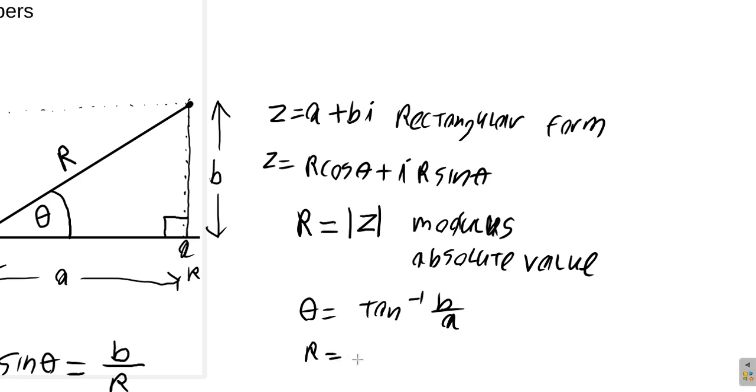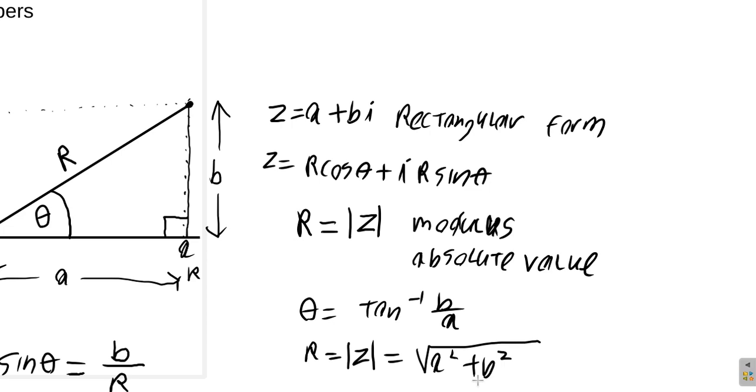R, which is the modulus of the complex number, will be the square root of A squared plus B squared. Alright, that's from your knowledge of trigonometry.